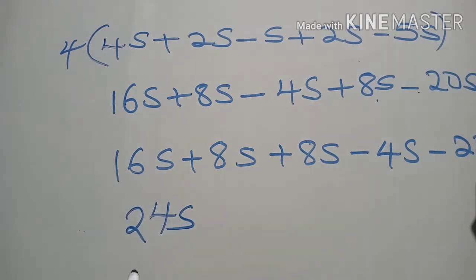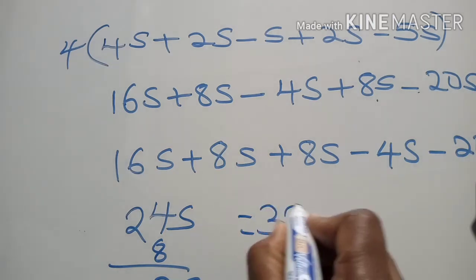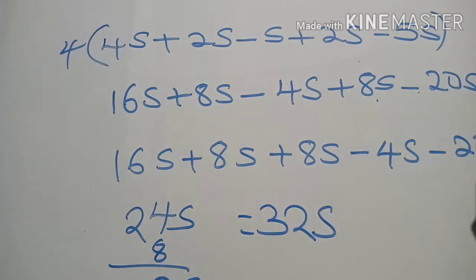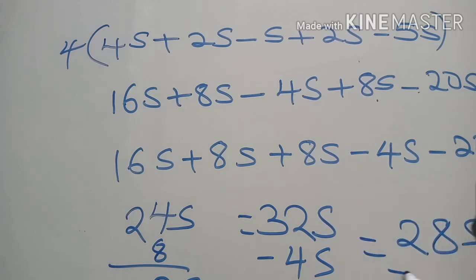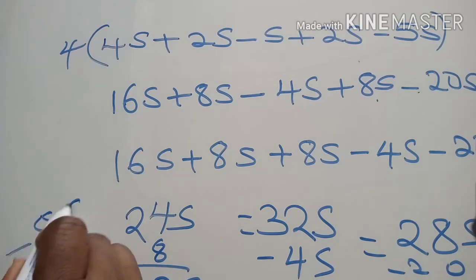So this is 24s plus 8, so that is 32s. So that is 32s minus 4s, 28s. So 28s minus 20s, that is 8s. So our answer should be 8s.